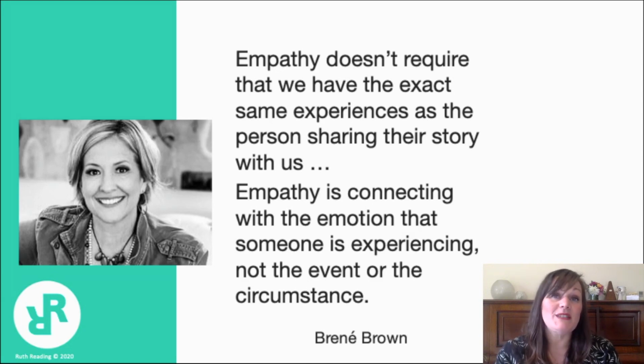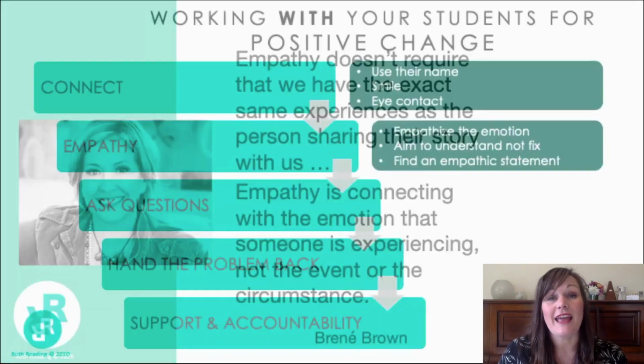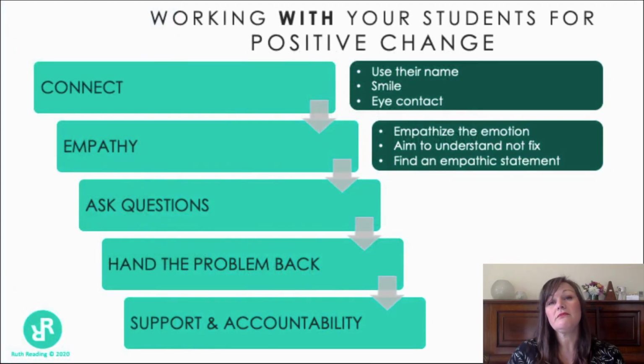And oftentimes there'll be a great history behind it of incidences and experiences that person's had that builds up. So I'm going to connect with the emotion, not the actual incident itself. My aim at this point is to understand and to let them know that what they're feeling is okay, not to fix it.